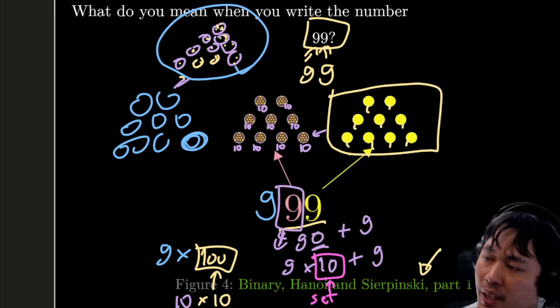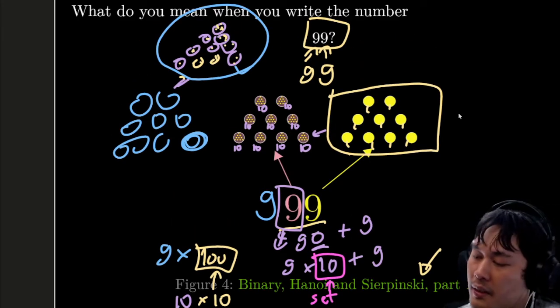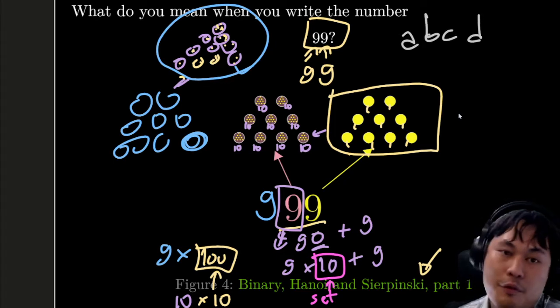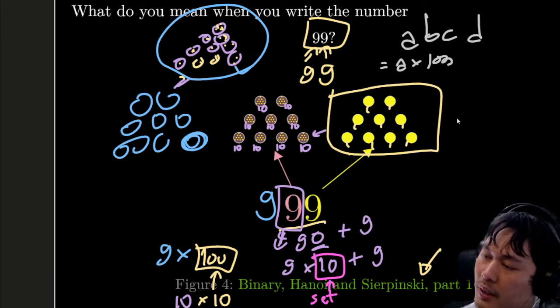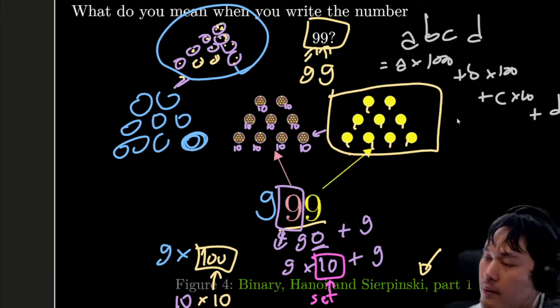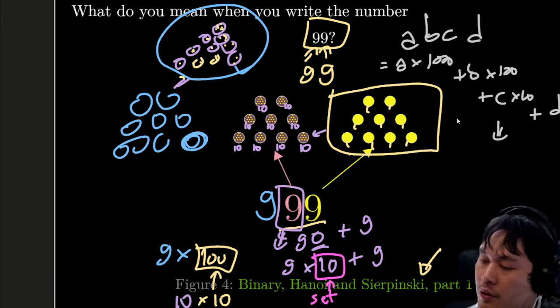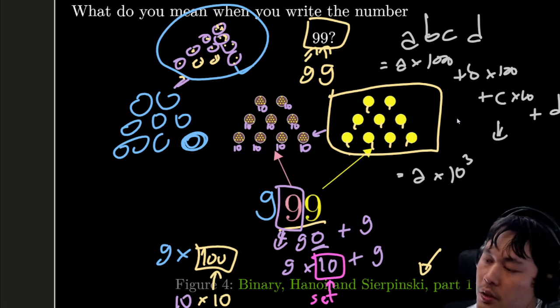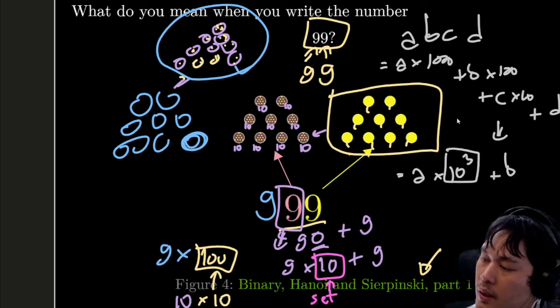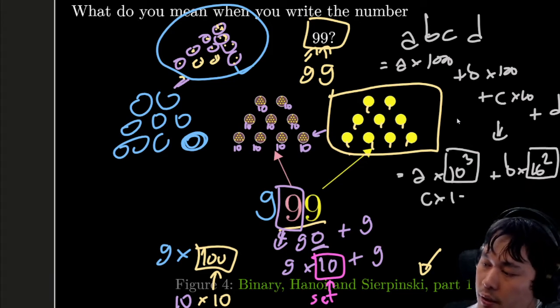And if we keep going, if you notice the pattern, whenever you write a number, let's say A, B, C, D, and let's start from 4, then this is A times 1,000, plus B times 100, plus C times 10, and then plus D. If we write it as powers, then 1,000 is 10 to the third, and then B times 10 squared, that's 100, and then C times 10.